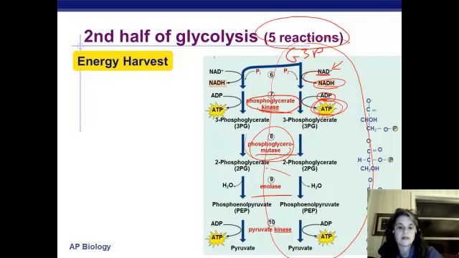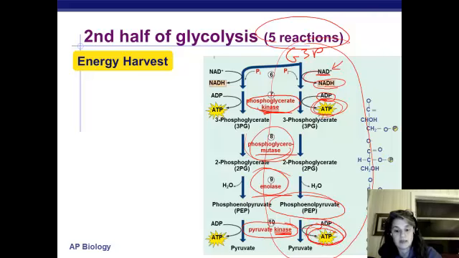More enzymes are going to change this thing, the remnants of this glucose molecule, some more, until finally we get to our last step, in which this molecule gets converted by pyruvate kinase. Remember, a kinase is something that phosphorylates something else. Well, this is going to again take a phosphate from the substrate molecule we have up here and stick it onto ADP, so we get ATP.